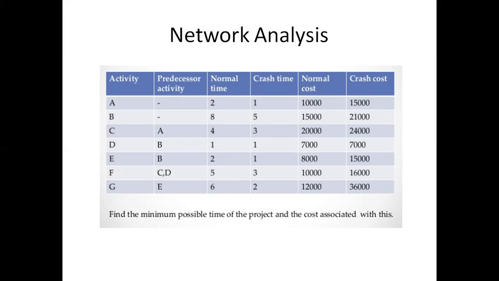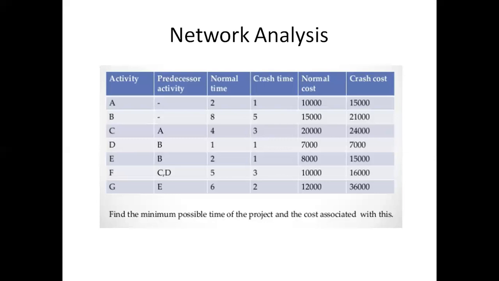So activity A does not have any activity previous to it, and activity G does not have any activity after it. Activity A doesn't have a predecessor, and activity B doesn't have a predecessor either, it is independent of activity A. You have to use a dummy activity.